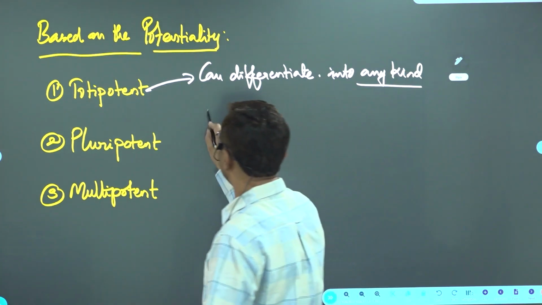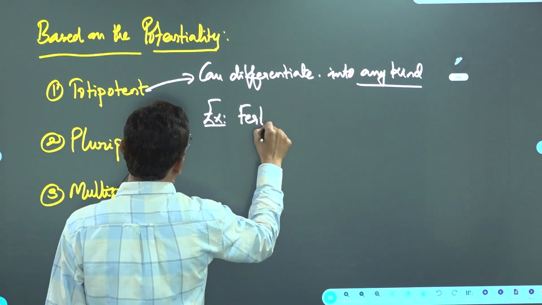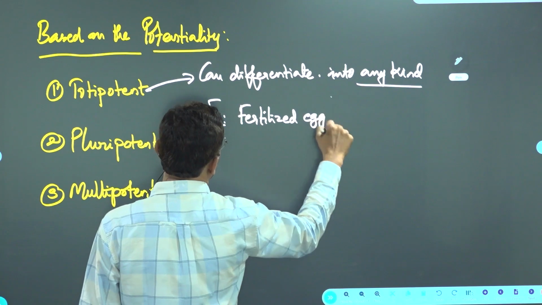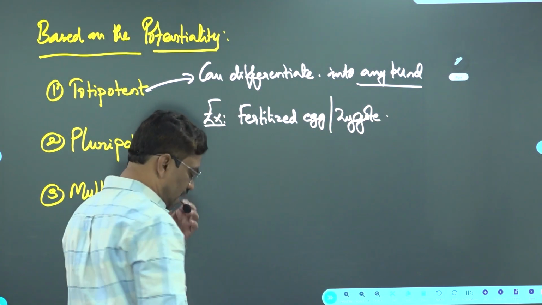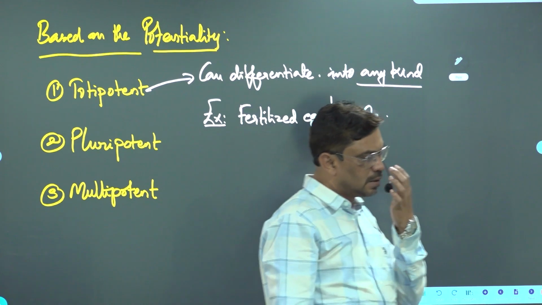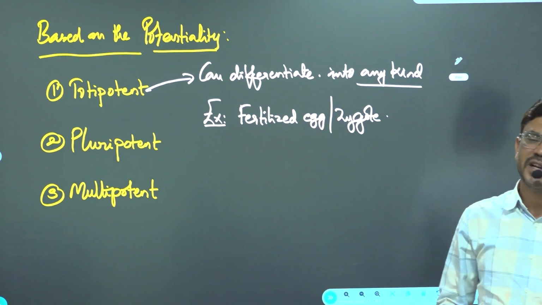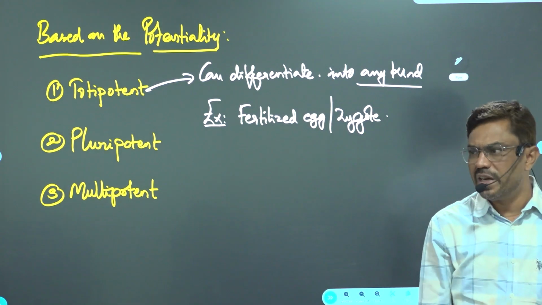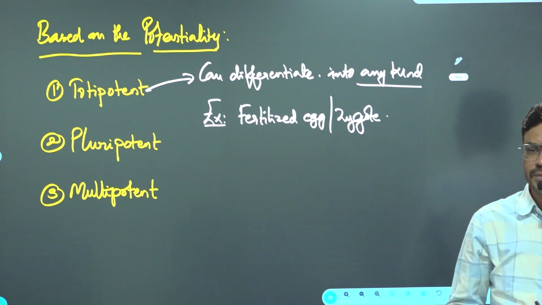Say for example, a fertilized egg, that is the zygote. So the zygote is an example of a totipotent stem cell. So what is a totipotent stem cell? It can differentiate into any kind of cell. Say for example, the embryonic cell is an example of totipotent cells. There is no restriction here. Okay.